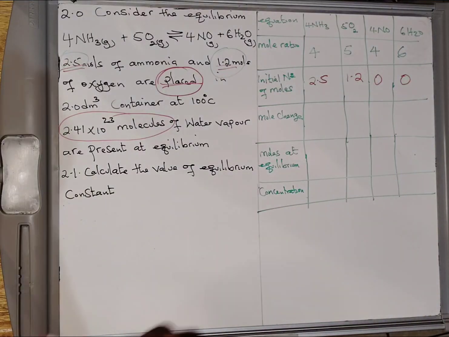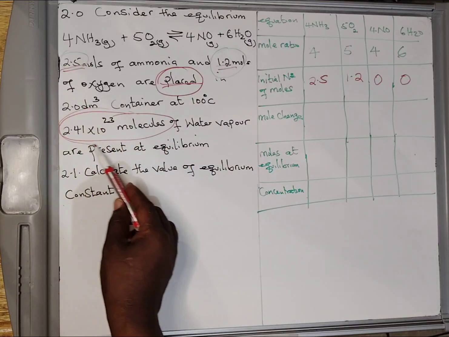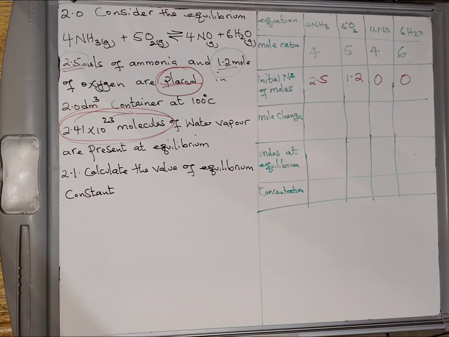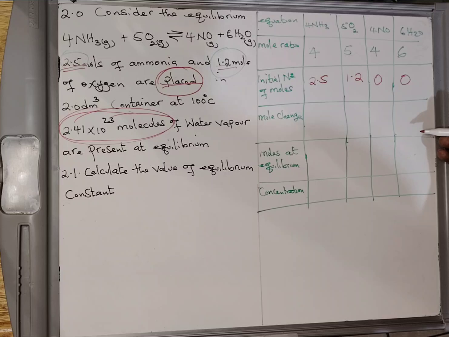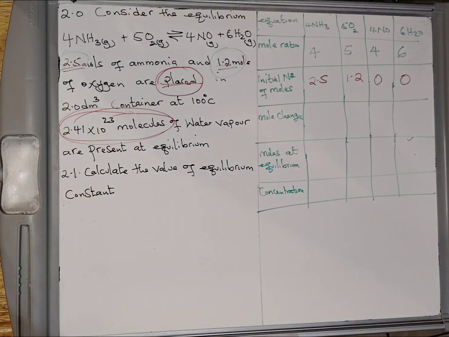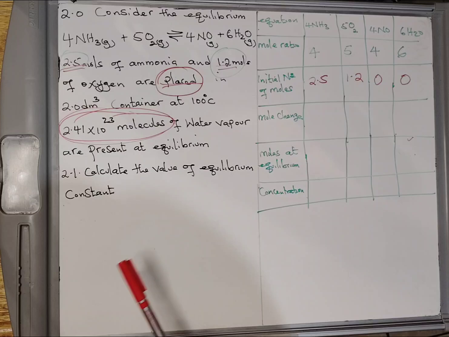Then we come here. We have the number of molecules of the water vapor formed. Water vapor is this one. So at equilibrium, we know this. But what we have here are number of molecules, and what is supposed to go in the table is number of moles.